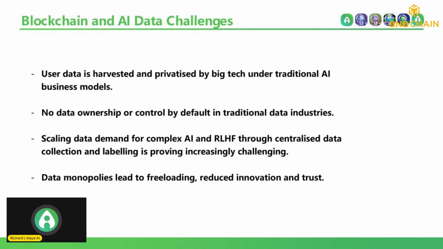So, for example, OpenAI's success with the GPT series relied heavily on strategies like reinforcement learning from human feedback, which is a model fine-tuning method that is expensive, labor-intensive, and relatively difficult to scale in centralized settings. So what happens is that this creates a situation where big tech monopolies essentially freeload on user data to profit from data network effects. This reduces innovation incentives and also erodes public trust in centralized institutions.